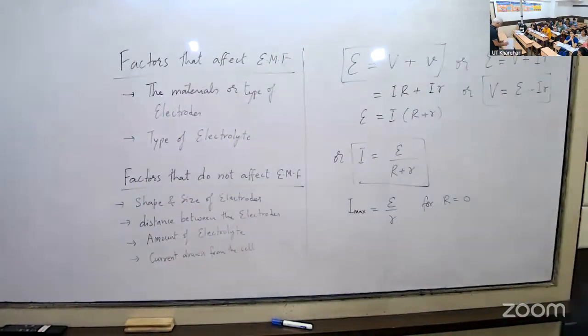Then one very important characteristic of the cell is internal resistance. This also depends on certain things. What does it depend on?